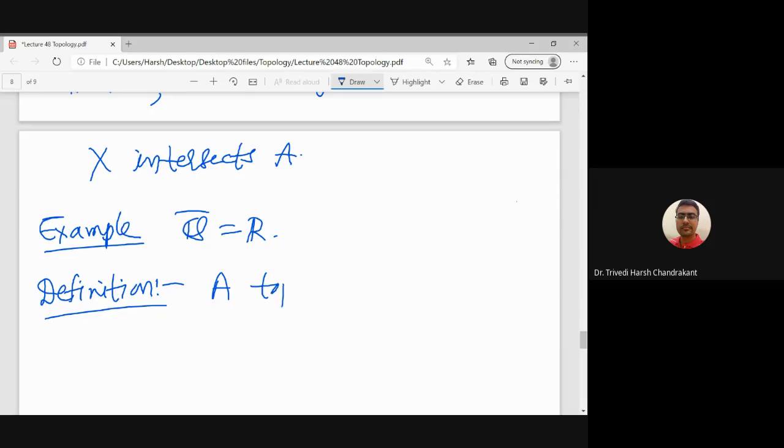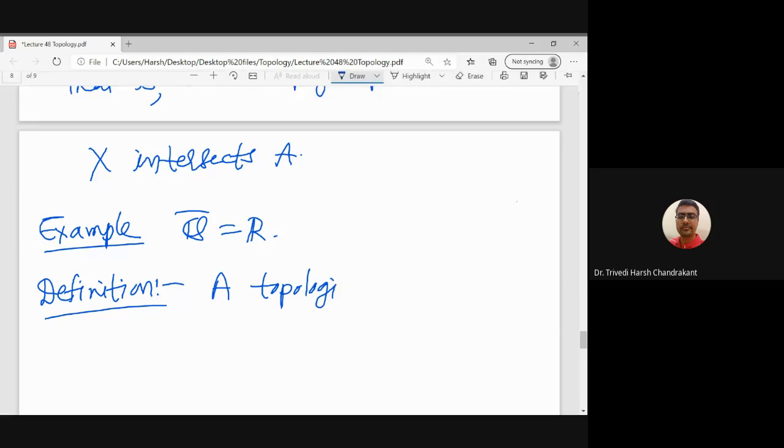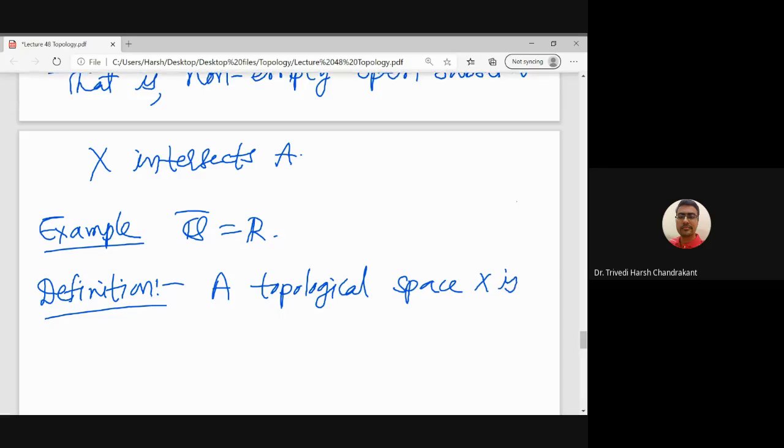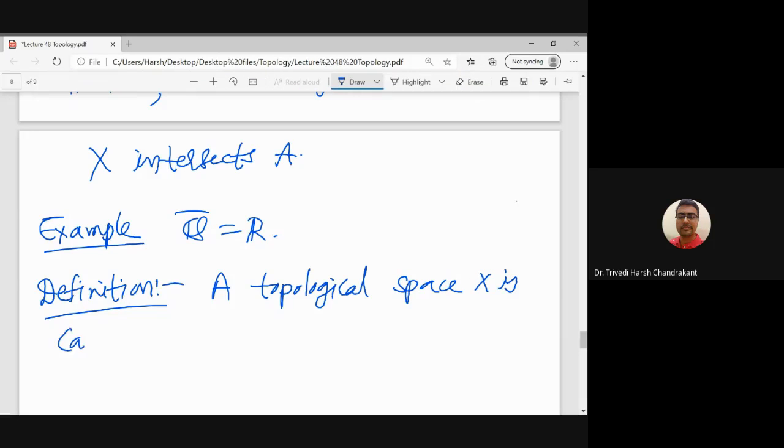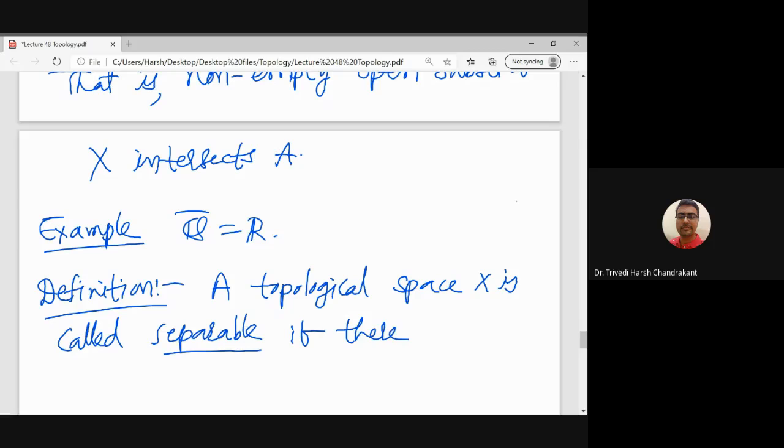A topological space X is called separable if there exists a countable dense subset.